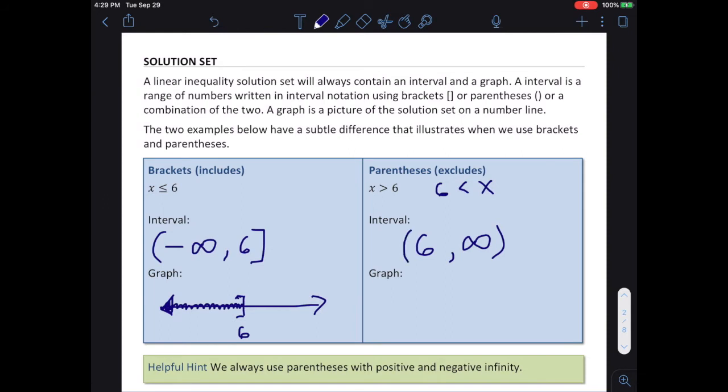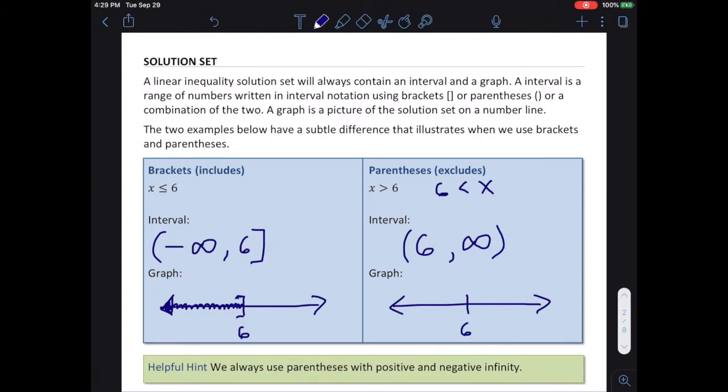So we're going to use a parenthesis with the 6. Okay, so this is telling me that this interval is everything bigger than 6, but not including 6. Okay, and same thing to graph this thing, we're going to draw a number line, and I only need one number on that number line. I'm going to put a 6 there.